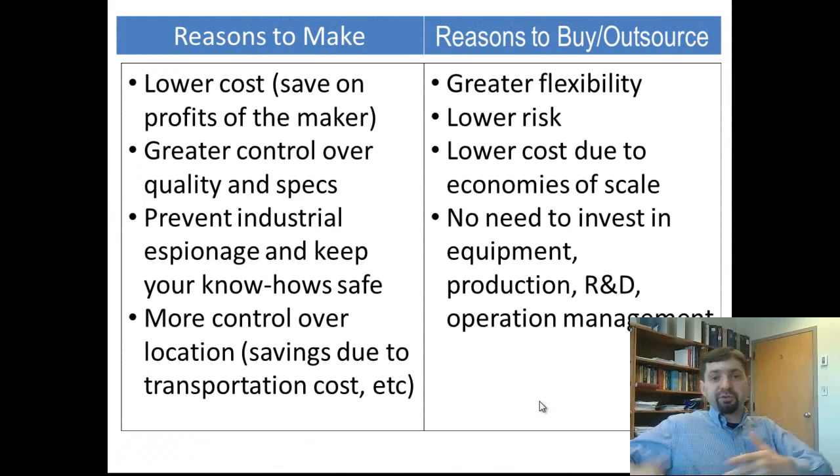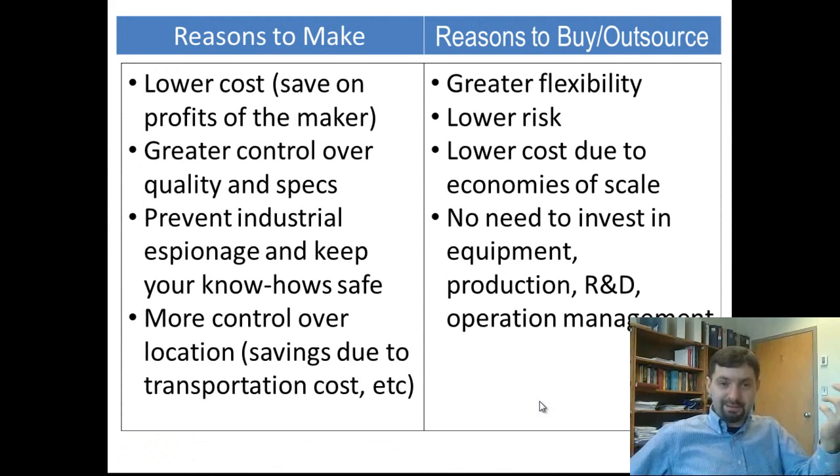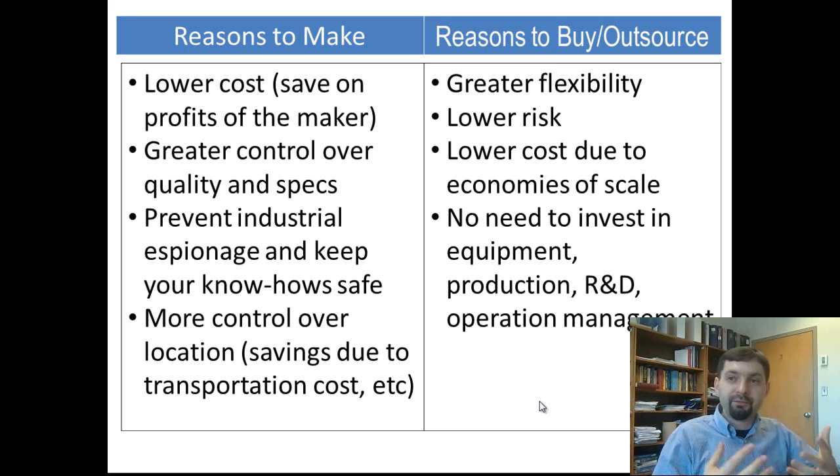And so obviously the reasons to make all your products in-house would be that potentially it may be lower cost, because every time you outsource a product, that means that somebody is going to spend money on making it, which is roughly going to be whatever you would spend on making it, plus they want to make some profit, and you will be losing that. If you keep making stuff as well, you will have greater control over how things are made.